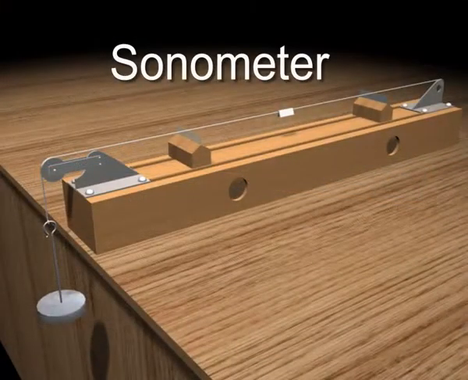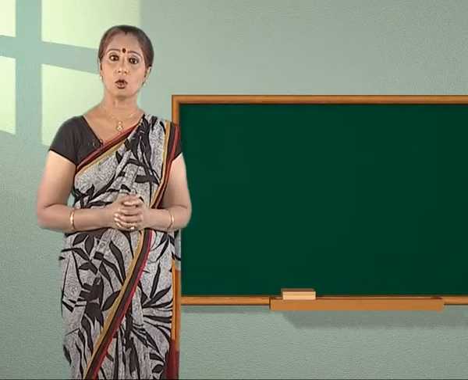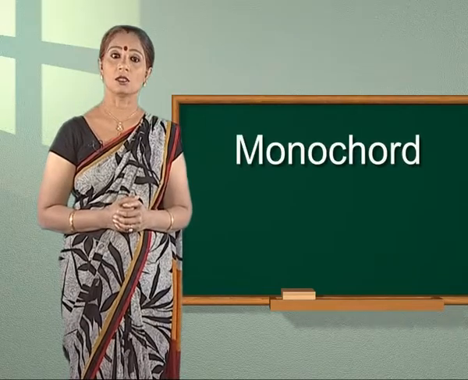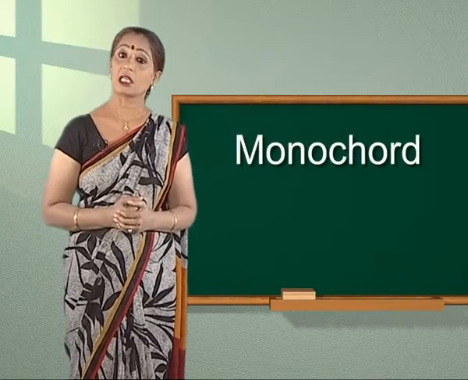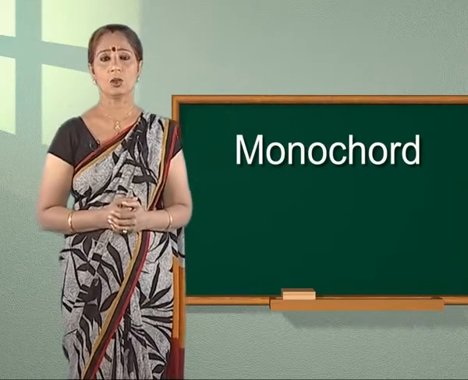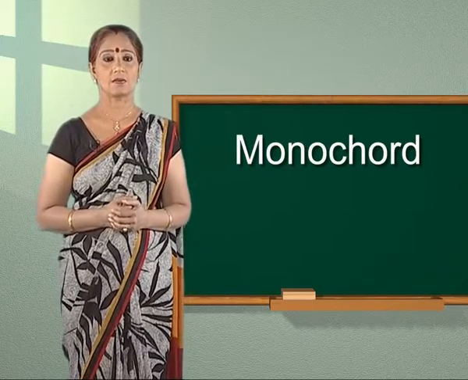A sonometer is an apparatus made of a hollow wooden box having two holes. A string is attached to it by which the transverse vibrations of strings can be studied. It is also called the monochord just because it often has only one string.